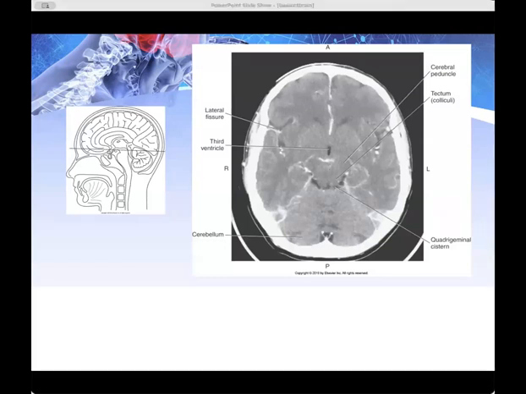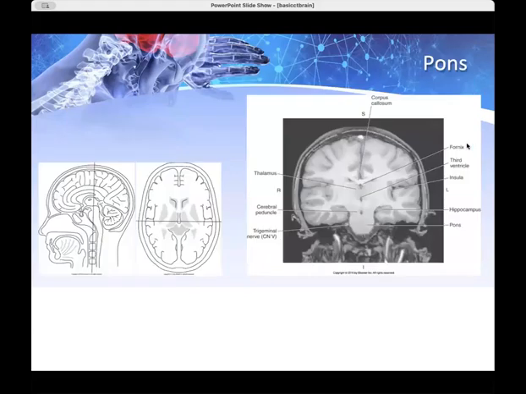Here is an axial CT of the cerebral peduncles and tectum. The pons is a large oval-shaped expansion of the brainstem, centrally located between the midbrain and the medulla oblongata.